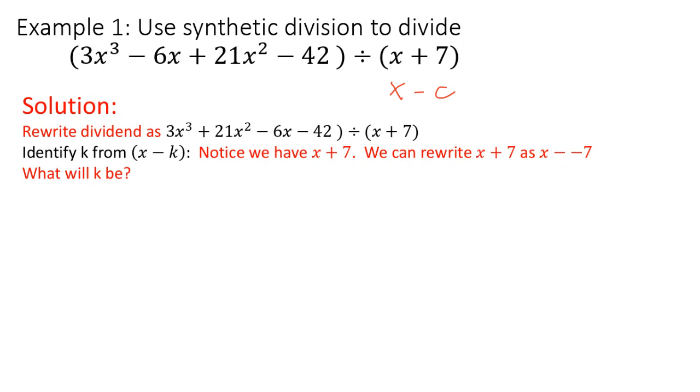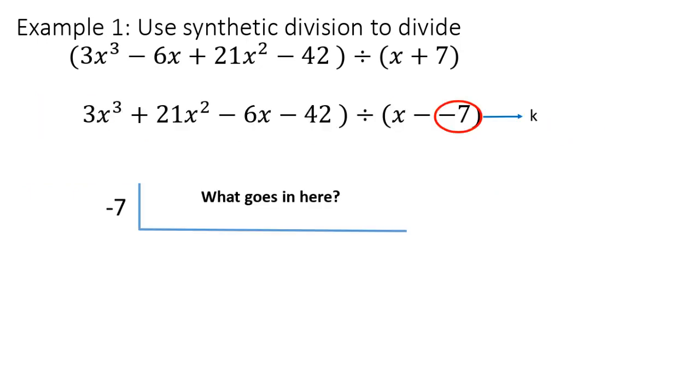So we can rewrite x plus 7 as x minus negative 7. If I rewrite it this way, now we can see that negative 7 is going to be our k.